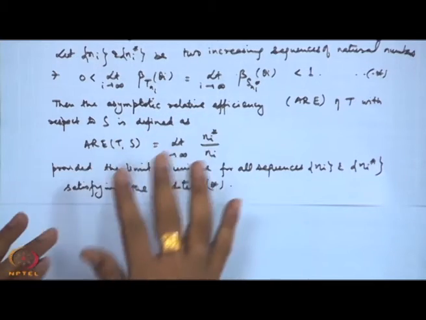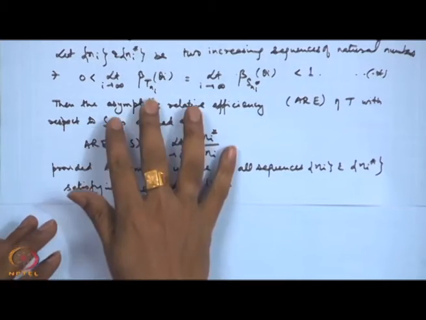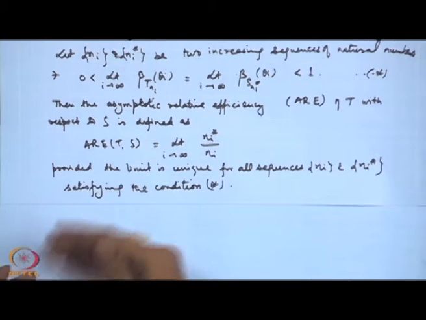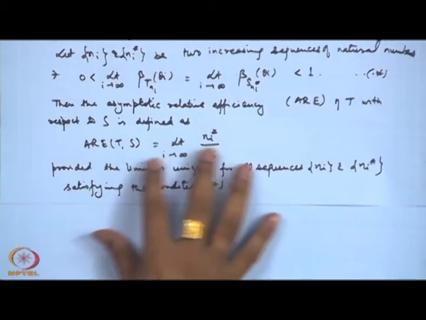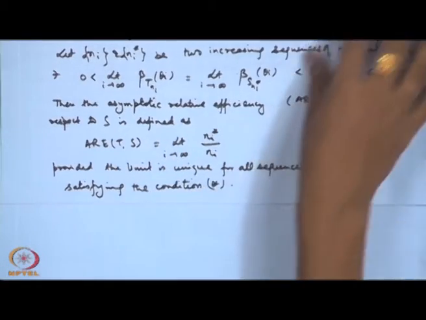So, now since this definition is a limiting definition, this is, you can say, a better definition than the definition of efficiency which I gave just before this, because that was a fixed sample size definition, and here it is an asymptotic kind of definition.